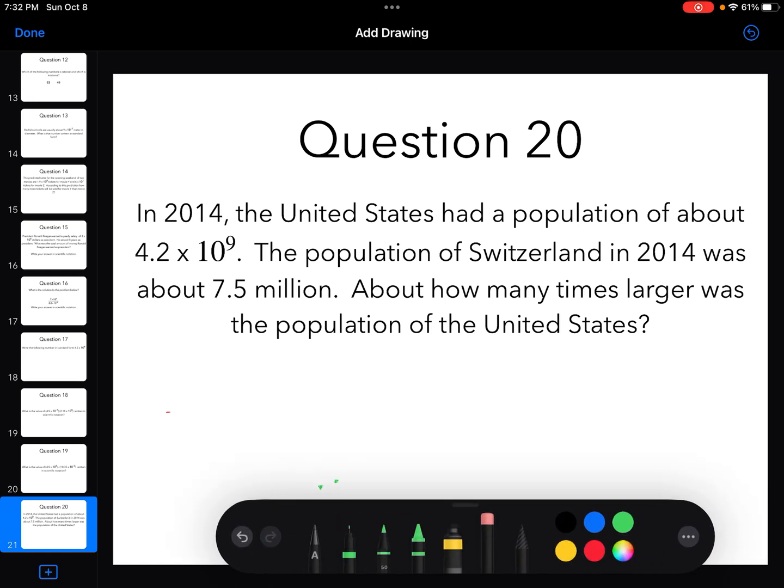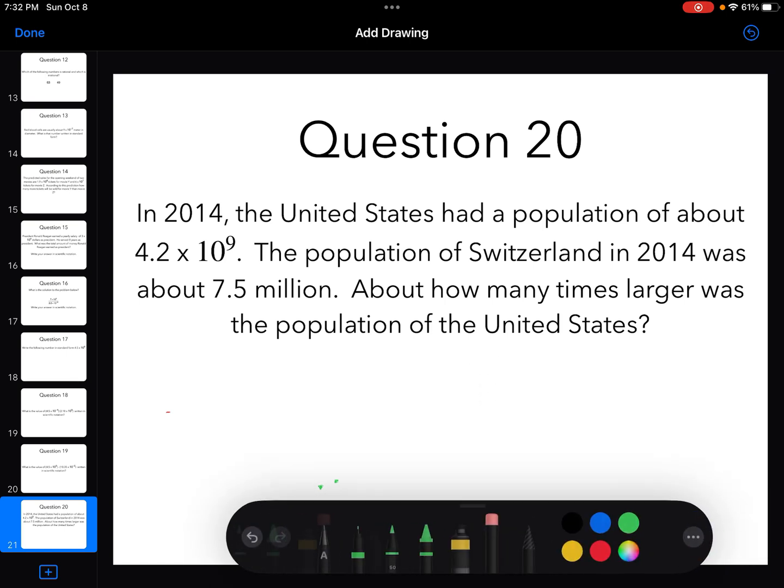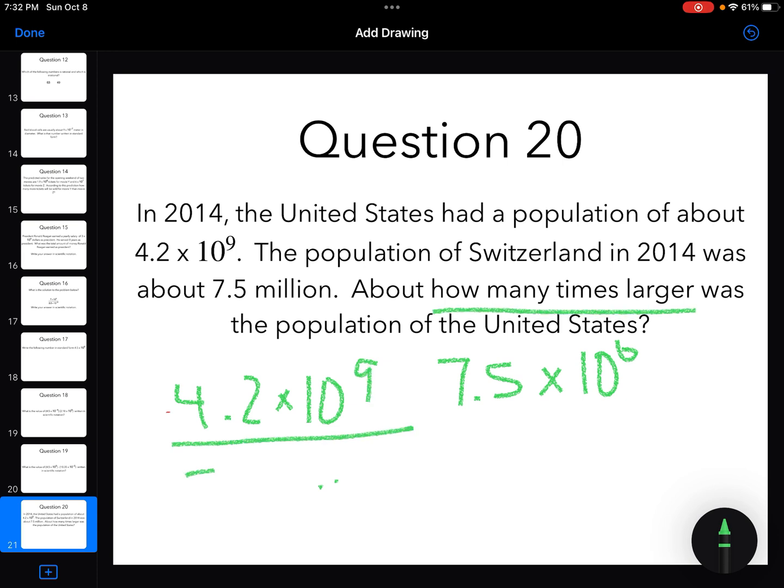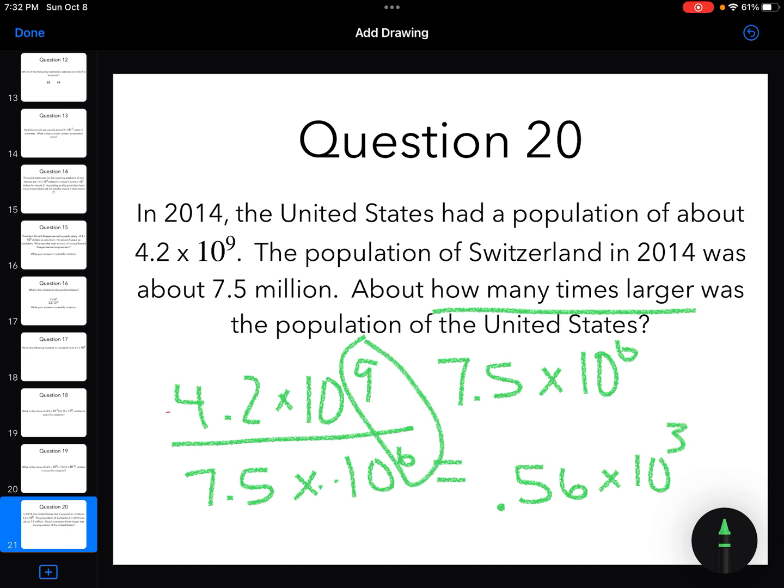So we know that we have 7.5 times 10 to the 6th. And we know that we have 4.2 times 10 to the 9th. Good thing I reread the problem because it says how many times larger. So I'm actually dividing these two. I'm going to do 4.2 divided by 7.5, and I get 0.56 times 10, and then I subtract these two exponents to the third.